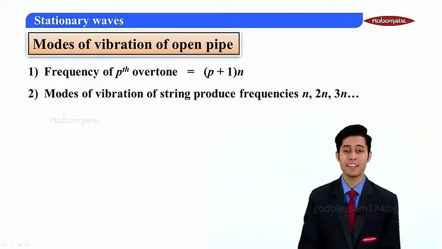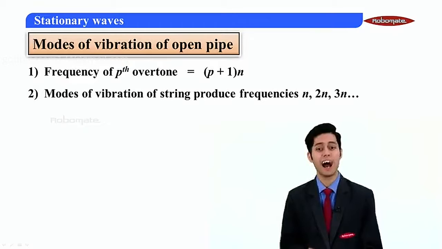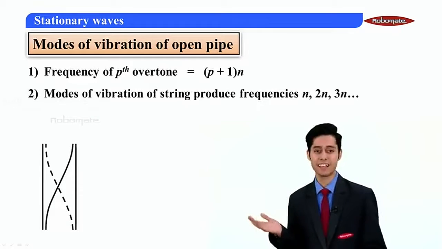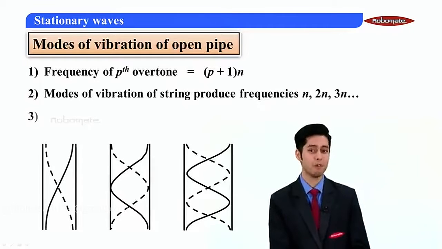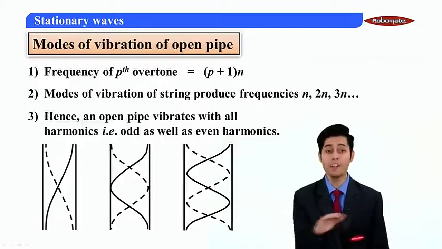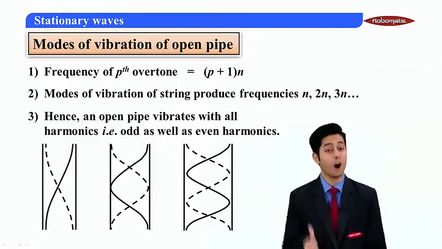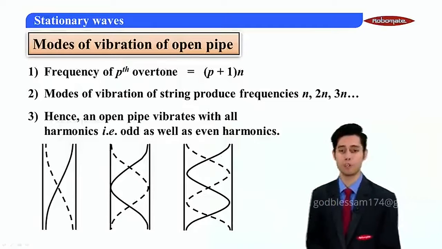I also know that the frequencies produced are N, then 2N, and then 3N. Hence an open pipe vibrates with all the harmonics, that is odd harmonics are present and even harmonics are also present.